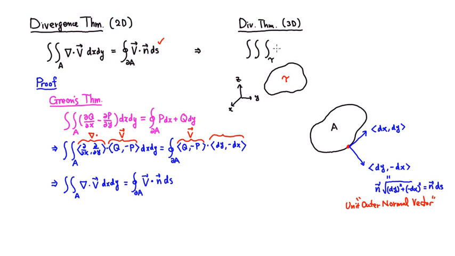We can still define divergence the same way, the divergence of the vector field in 3D, and then we have dx dy dz. Since I'm lazy, I'm going to use d tau, which is simply a volume element.